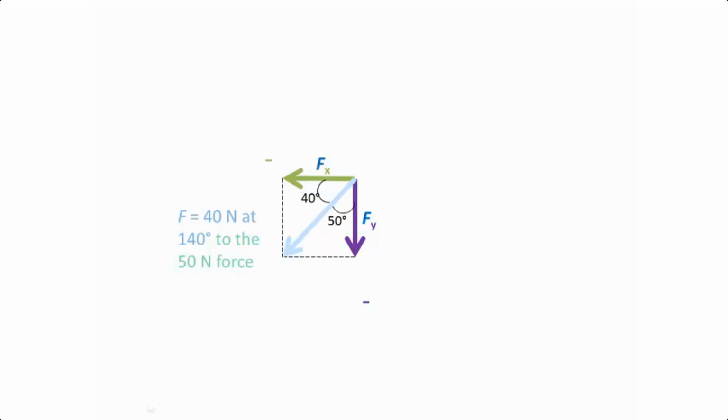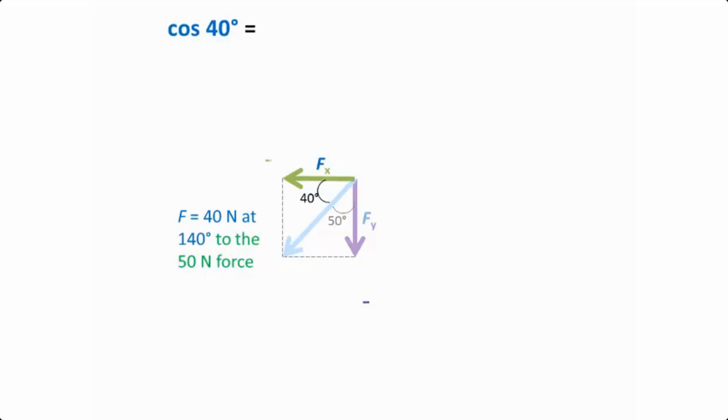And since this is a right angle triangle, always the horizontal and vertical components are at right angles to one another. The two must add up to 90 degrees, which means that this angle here to the horizontal is 40 degrees. So now we have all the information we need to calculate the horizontal and vertical components of the 40 Newton force. Let's start off with the horizontal component.